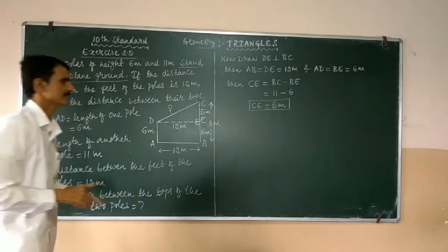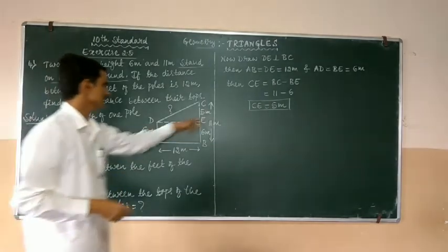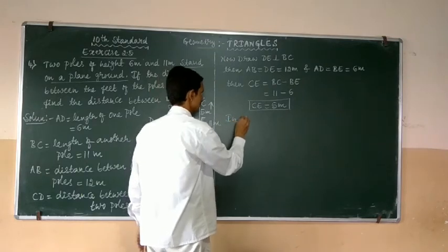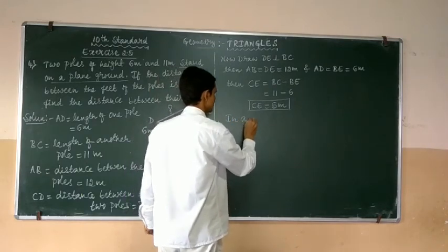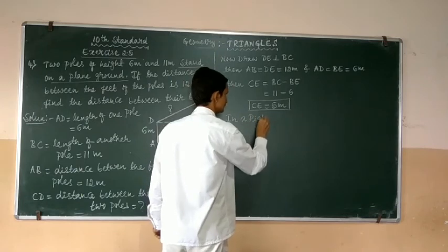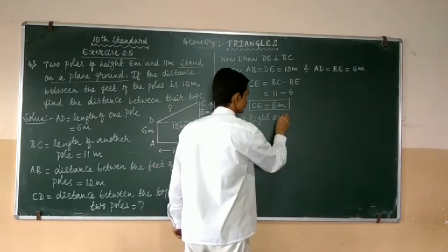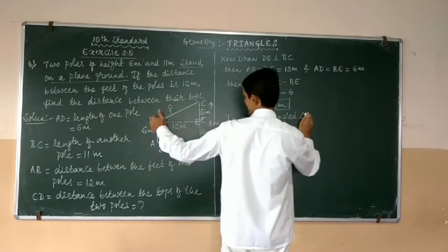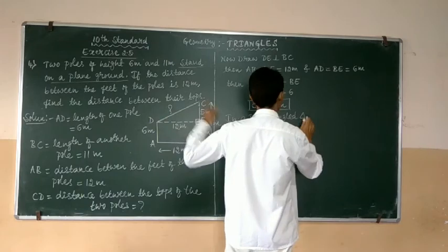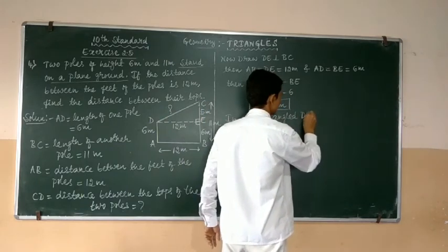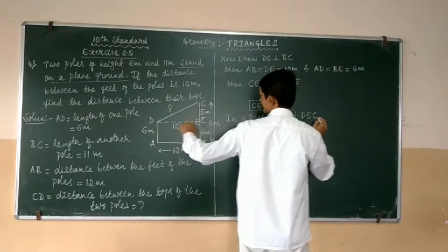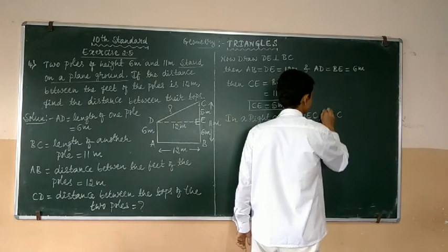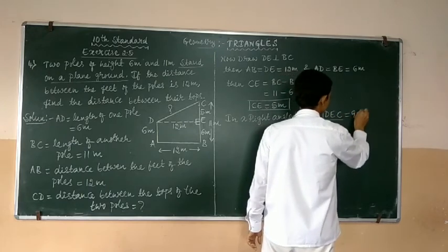Now in a right angle triangle, as usual, we will simplify. In triangle DEC, angle DEC is 90 degree.